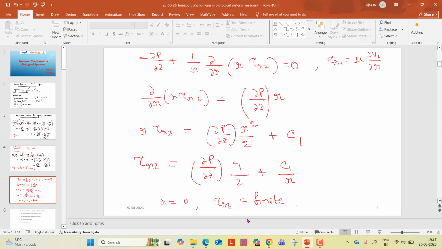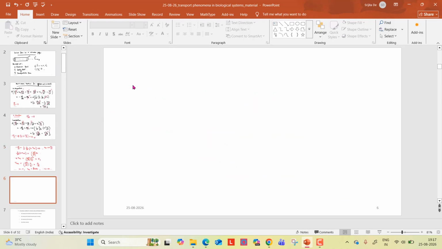Tau rz is finite. So, therefore, C1 has to be 0. Okay. So, then what is coming? Then the tau rz expression is coming as tau rz equals to del p del z into r by 2. Okay.